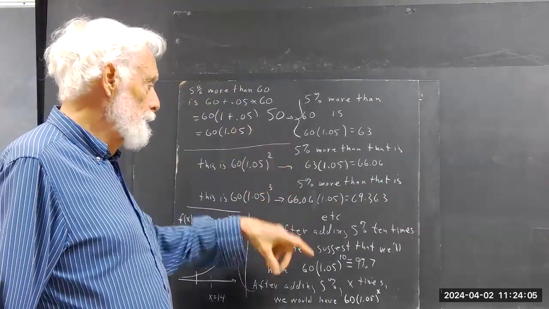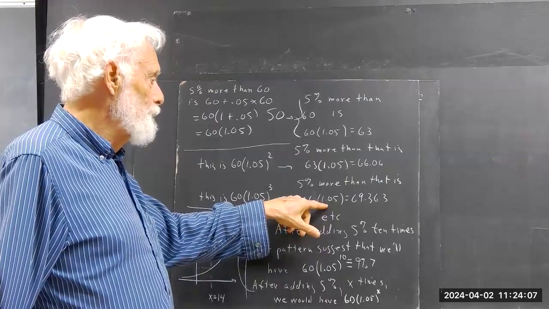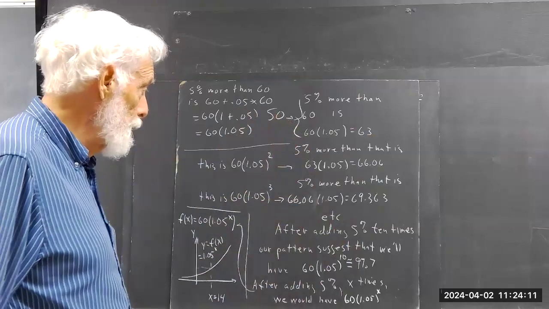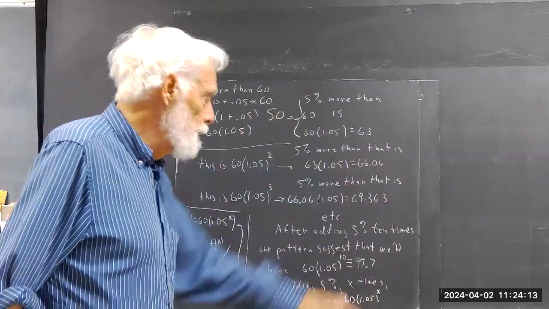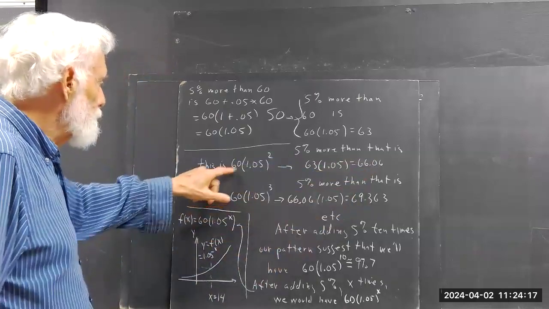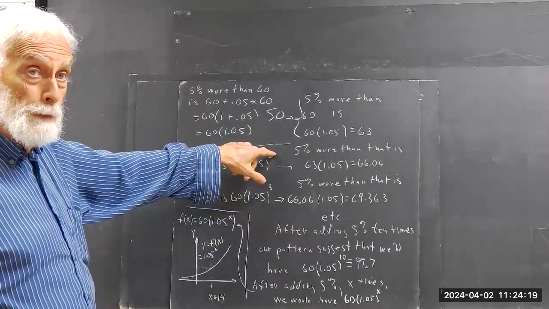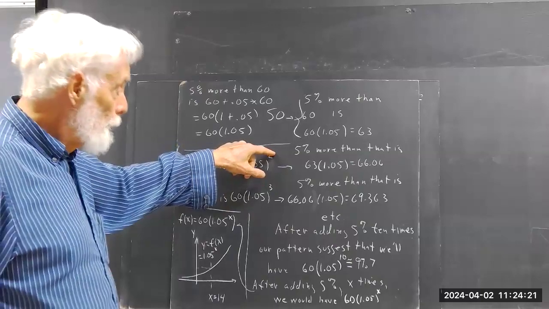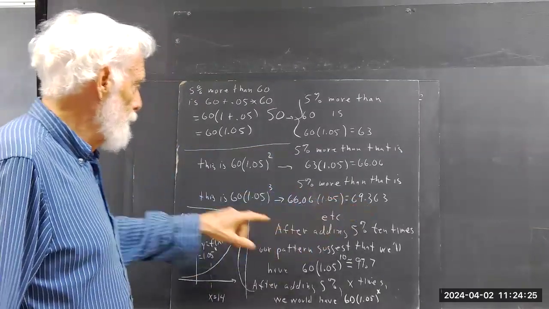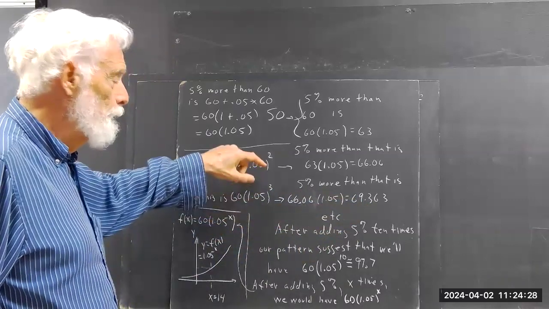The pattern's going to emerge because 5% more than that is what? Well, 66.06 times 1.05, which is 69.363. Well, we can calculate that. But the important thing is that this was 60 times 1.05 squared, and then we multiplied it by 1.05. So this had better be the same as 60 times 1.05 cubed.